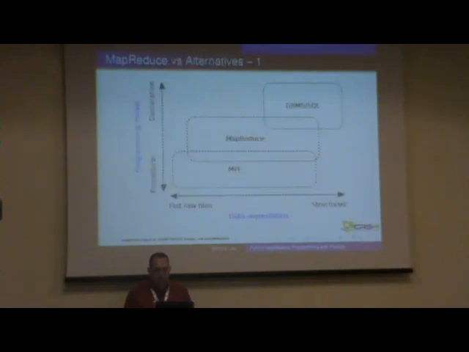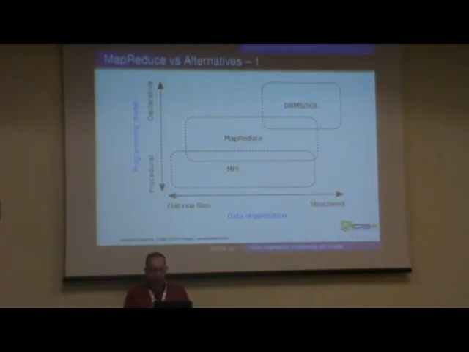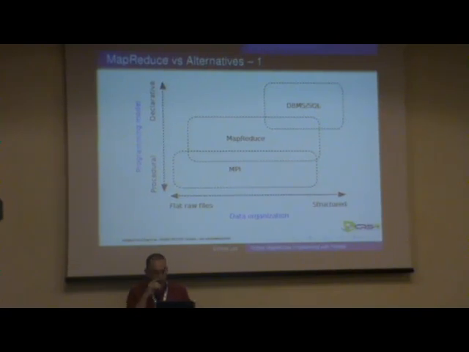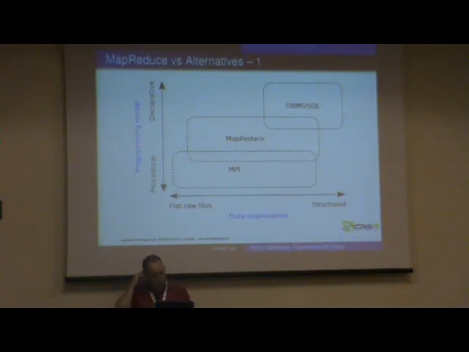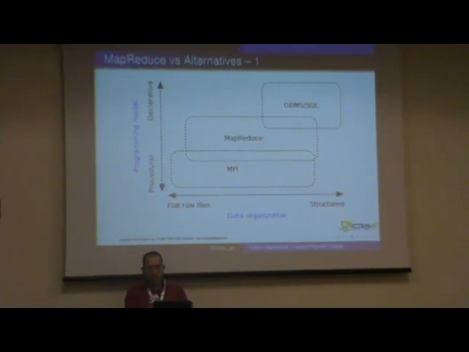Okay, here is a comparison of MapReduce with similar alternatives from the two points of view of the programming model and the organization, the amount of structuring in the data. So MapReduce is somewhere in between in both dimensions.